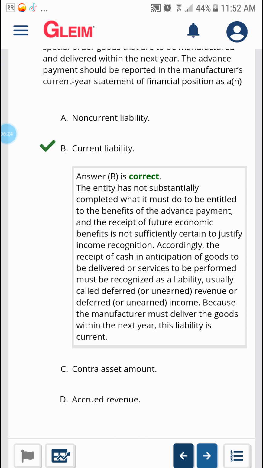Because the manufacturer must deliver the goods within the next year, this liability is current.